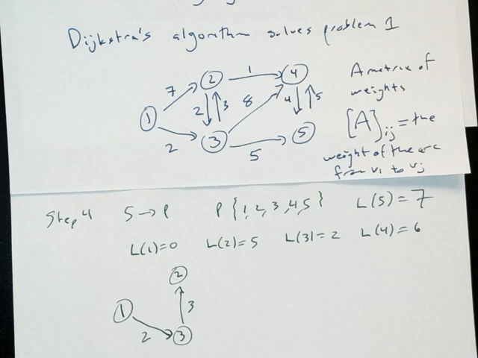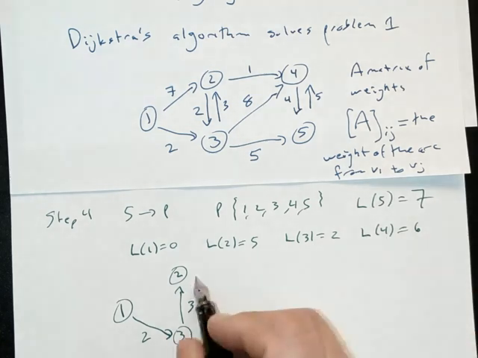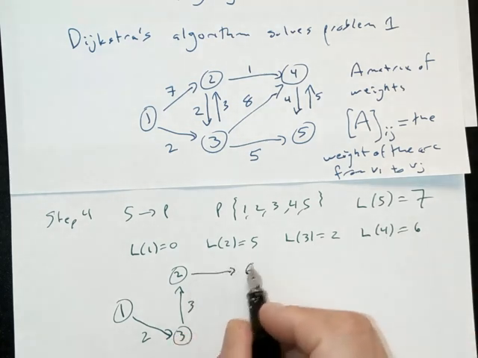To go directly from 3 to 2 cost me 3. That total distance is 5. That's the shortest path to get to vertex 2. What was the next vertex we changed to be permanent? And the shortest distance to 4 is 6.